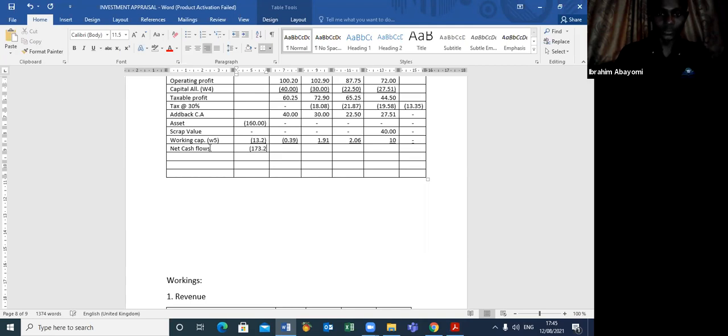173.2 for year 0. Year 1 is going to be 60.25 plus 40 minus 0.39.